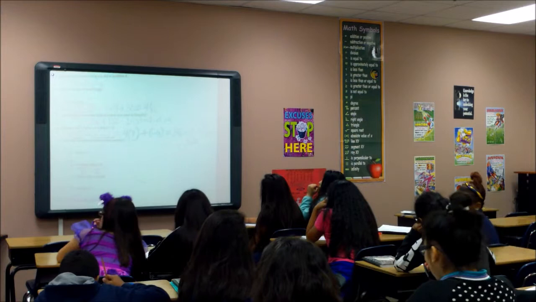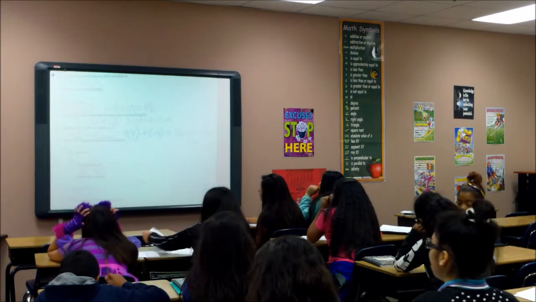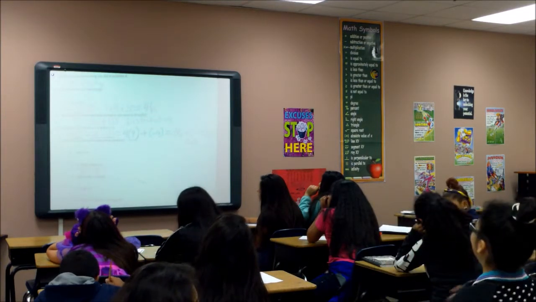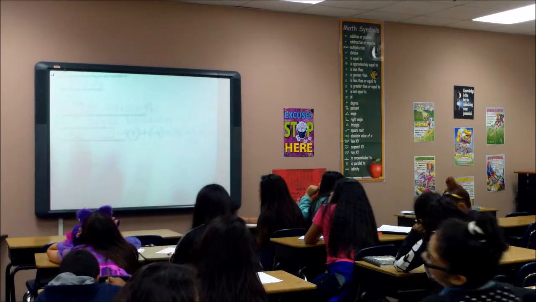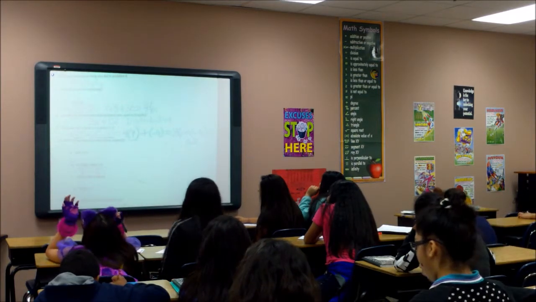Okay, what is your GEMDAS? You have to go through GEMDAS, like Ms. Meadows had shown you when we went over order of operations. Write GEMDAS next to each type of problem like that so you have it in front of you. Are there any grouping symbols for number 9? No.